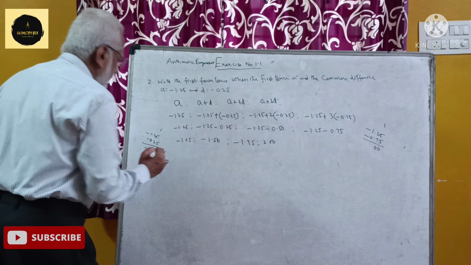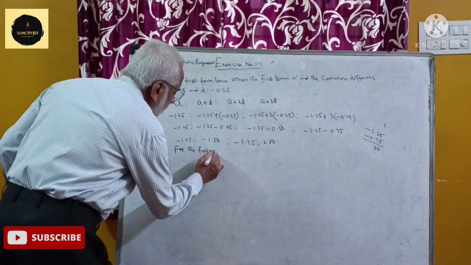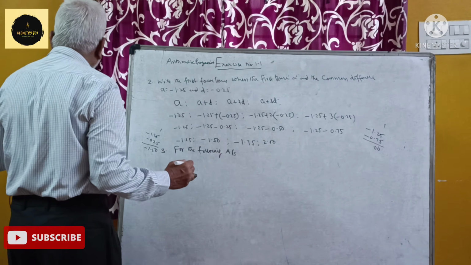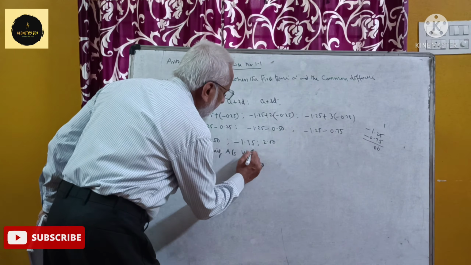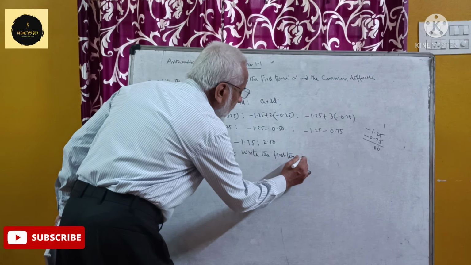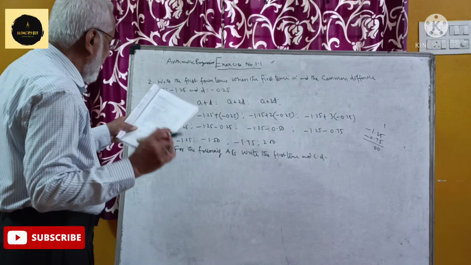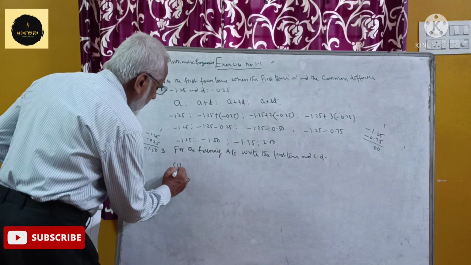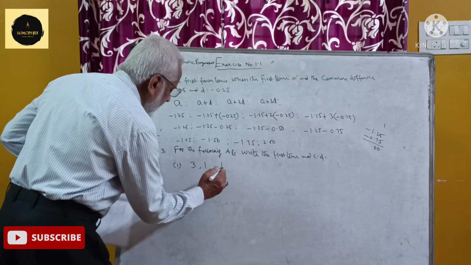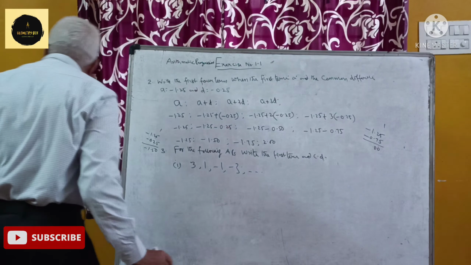In the third question: for the following APs, write the first term and the common difference. Now here they will give some values. For example, number 1: 3, 1, minus 1, and then minus 3, and so on.